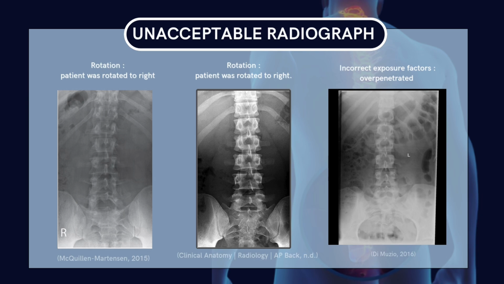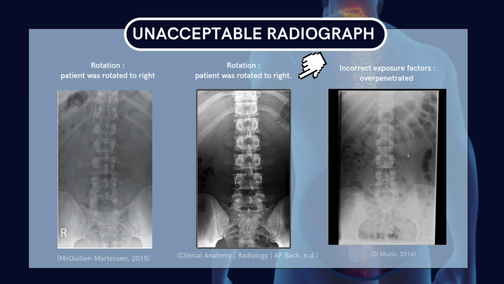Thus, it indicates the right side of the patient is closer to the IR. Hence, the patient was rotated to the right side. To improve, the patient needs to rotate to the left until the MSP is perpendicular to the IR.